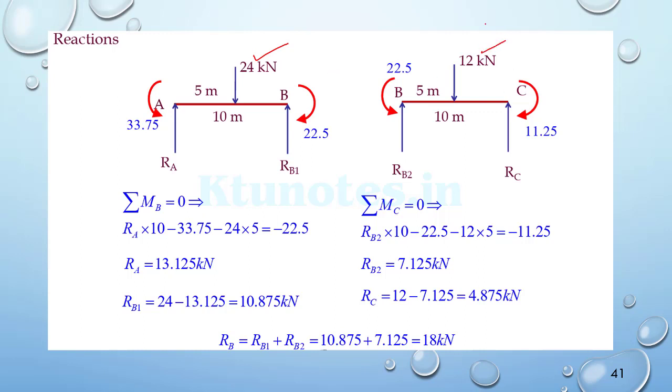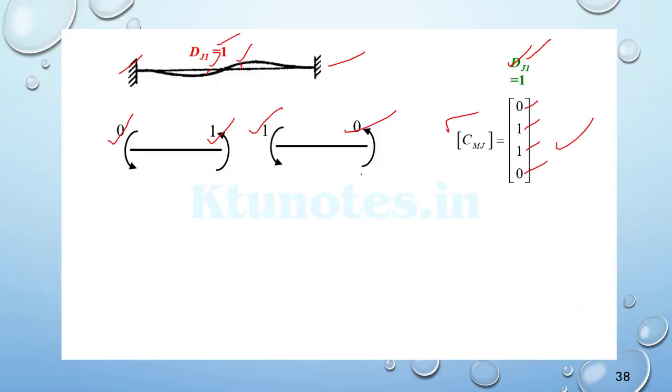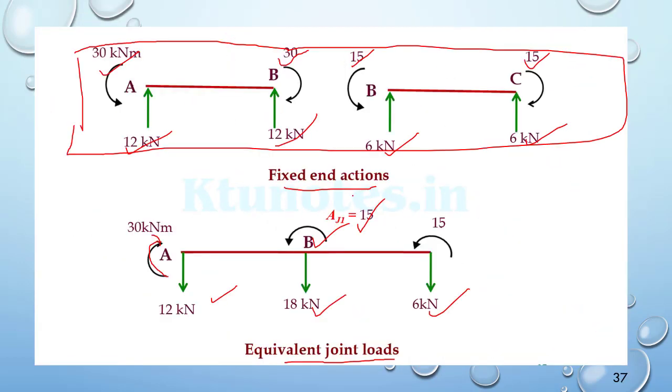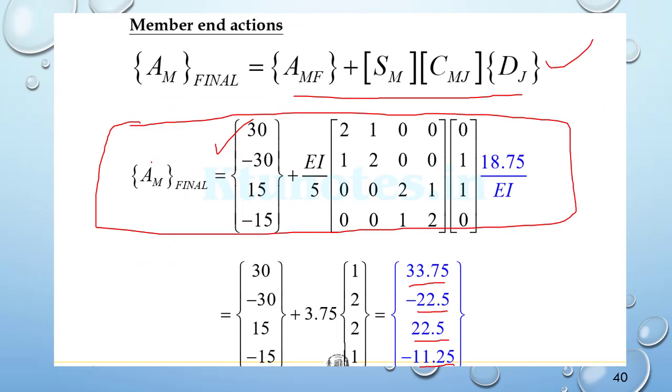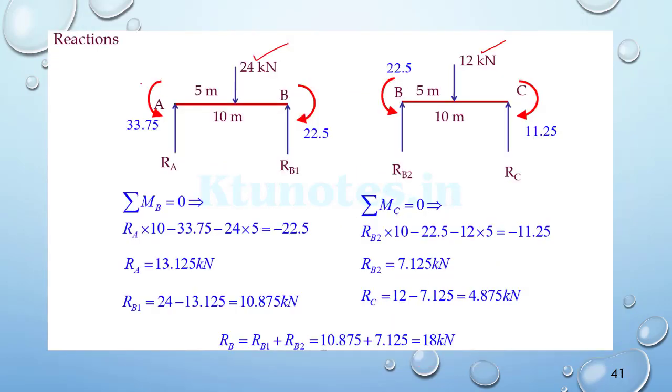So for the beam AB, we have 24 kilonewton at the midspan, 12 at the midspan for BC, and also the finalized action moments are 33.75, minus 22.5, 22.5 and minus 11.25. So those are marked accordingly.